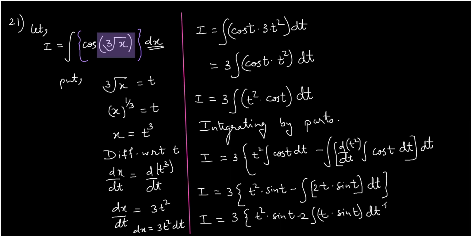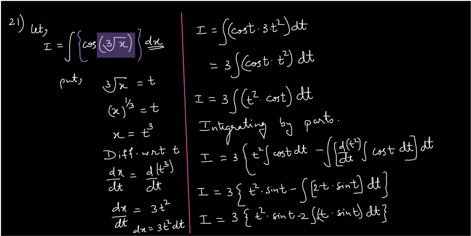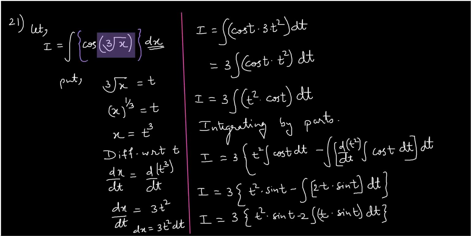So you understand, when the power of algebraic is t square, you are supposed to apply integration by parts once more. So here you had I equals 3 times t square sine t minus 2, and inside the bracket you have t sine t dt.